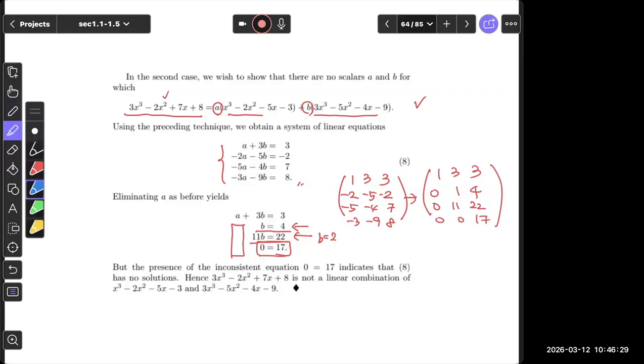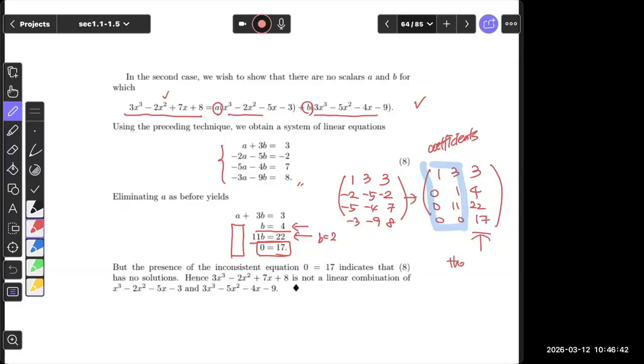Here, the left two columns correspond to the coefficients, and the rightmost column represents the values on the right-hand side of the equation.